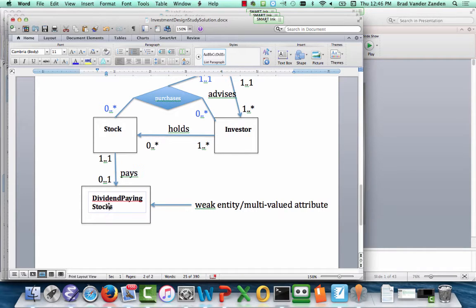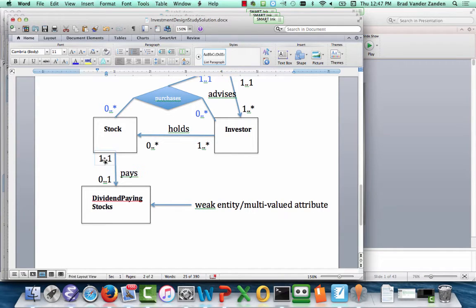So I did want to give you an example of what the book calls a weak entity. It's not exactly a multi-valued attribute, but the fact that it's 0 or 1 in some sense makes it that way. So a stock pays either no dividend or 1 dividend, and then the dividend for a stock is, if the stock pays it, it's for that particular stock.